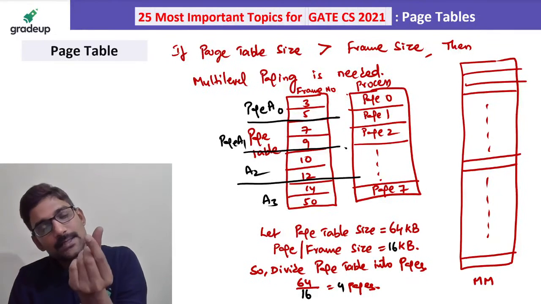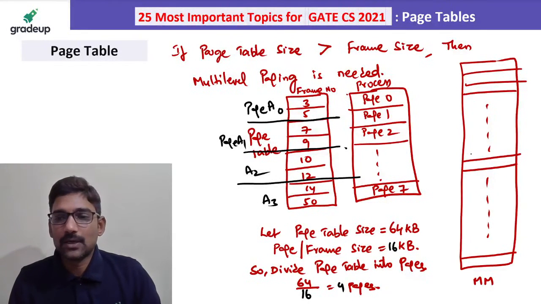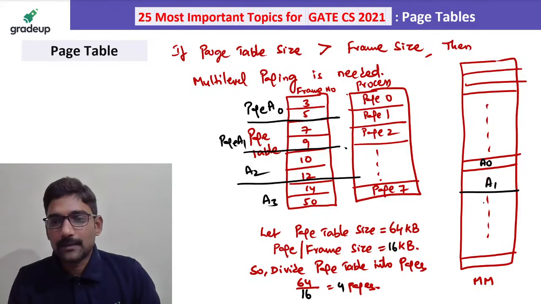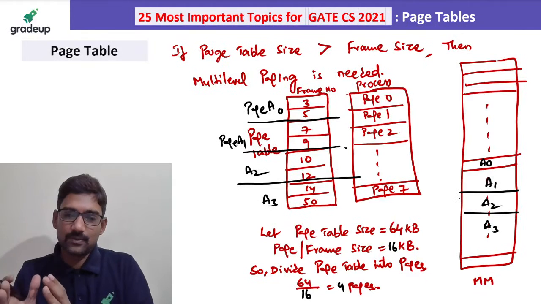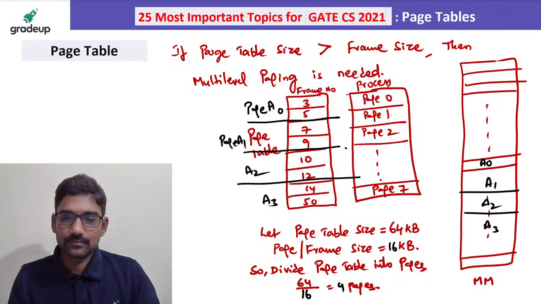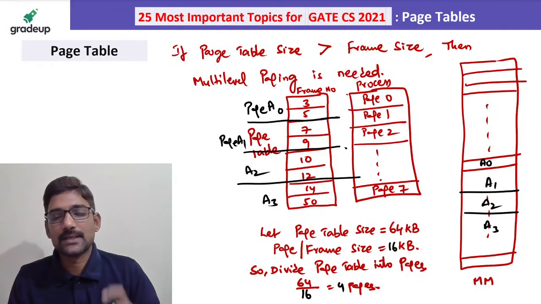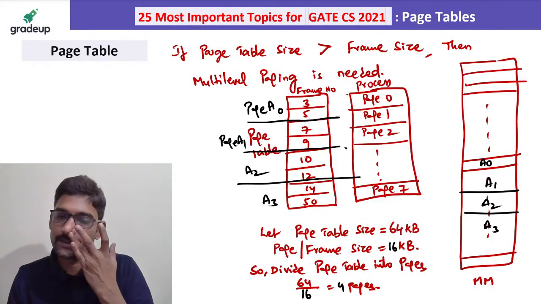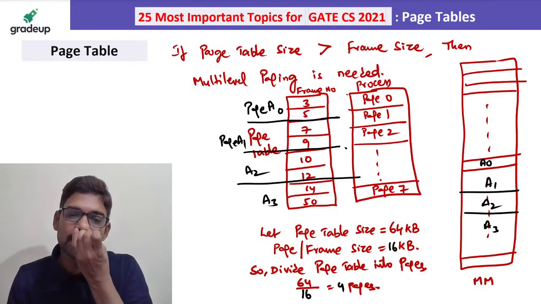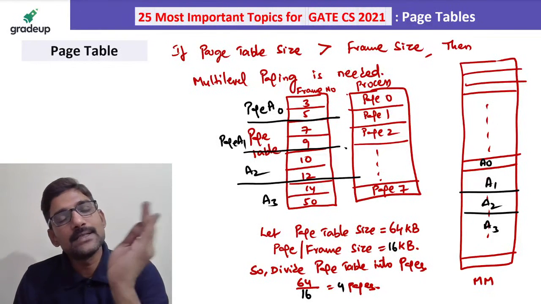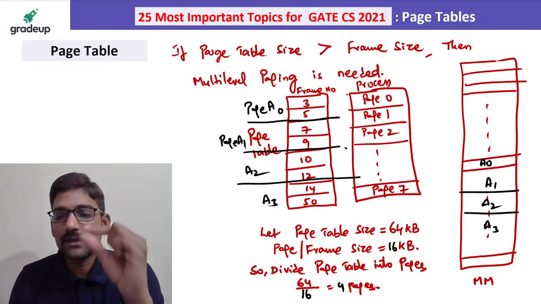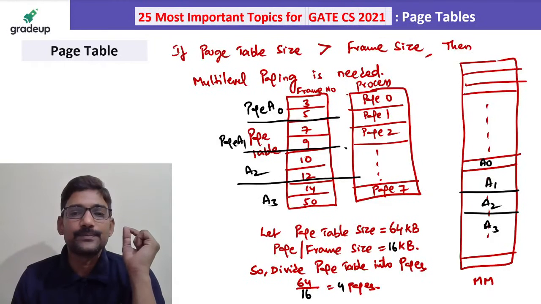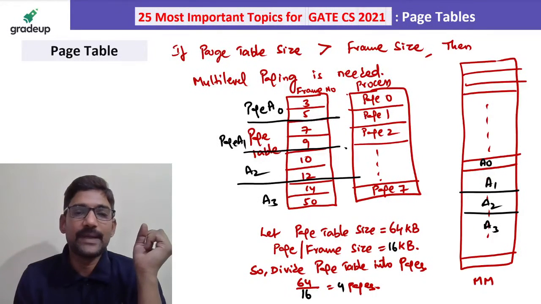Now these pages A0, A1, A2, A3 are stored because their size is equal to frame size, right?